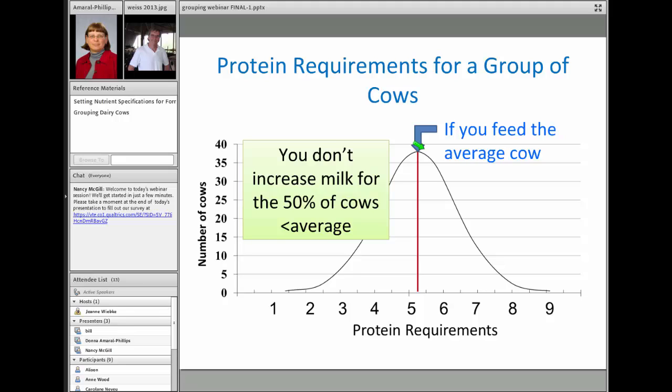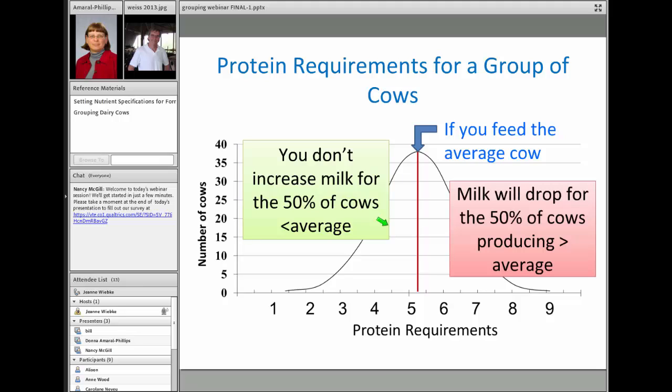Something else is limiting. So for half the cows in that group, I don't get an increase in milk production by exceeding their requirement. On the other hand, for the 50% of cows that have a higher requirement, if I feed the average cow, I will lose production. So you don't gain on this side, and you lose on this side, which is why you never, ever, ever balance for the average cow.